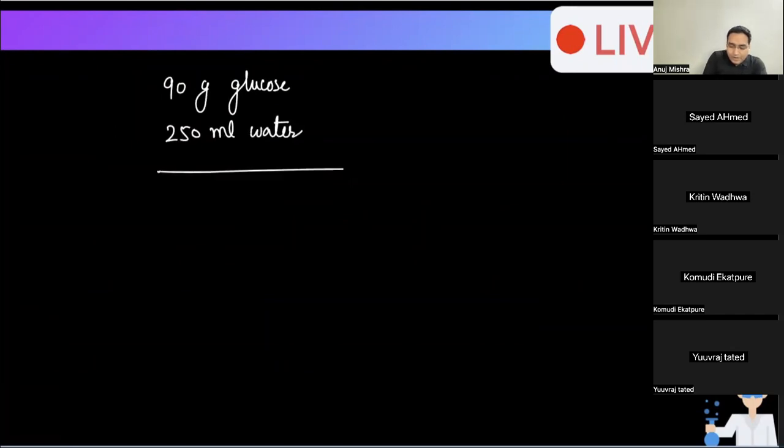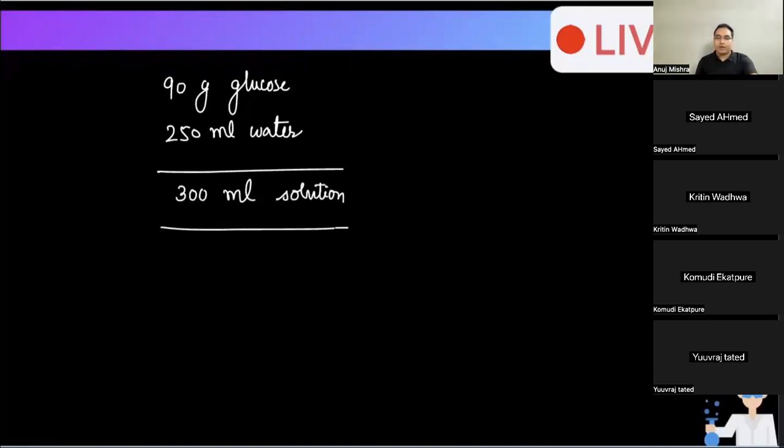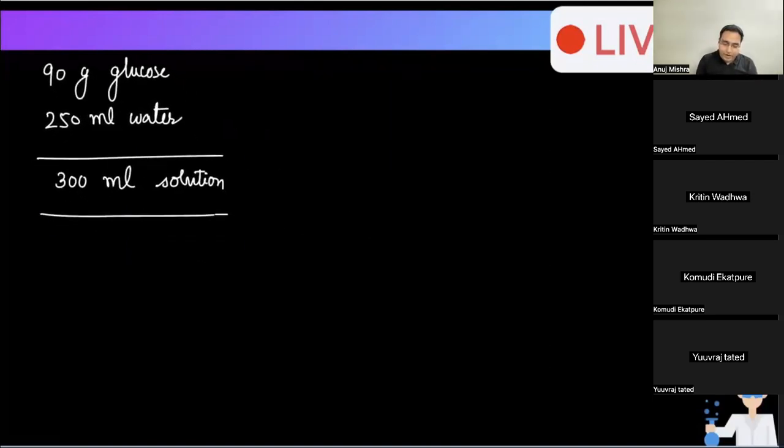The final volume became, let's say, 300 ml of solution. Correct. So can we find what will be the molarity for this setup? Let's try. Take your time. Everyone, start solving this question, please.